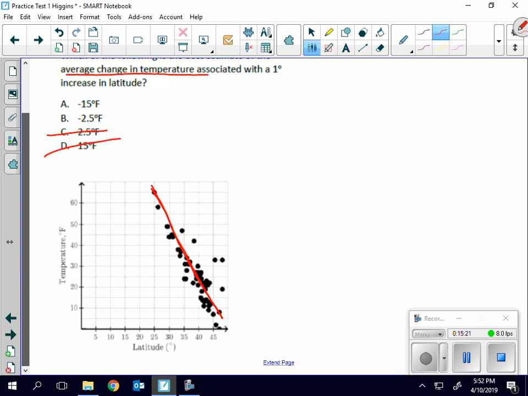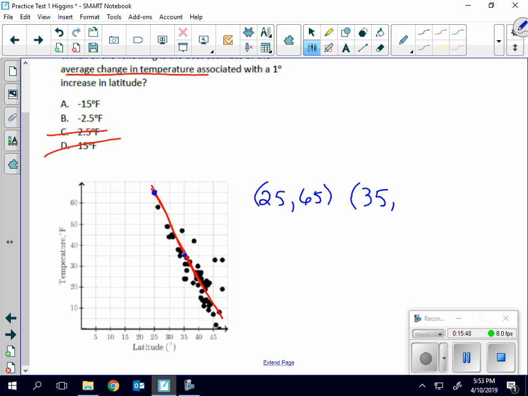So if I just take maybe a point here, which looks like, what is that, 25, comma, 65? And another point somewhere, again, it's not going to be perfect, maybe like this point-ish, which is 35 on the x.